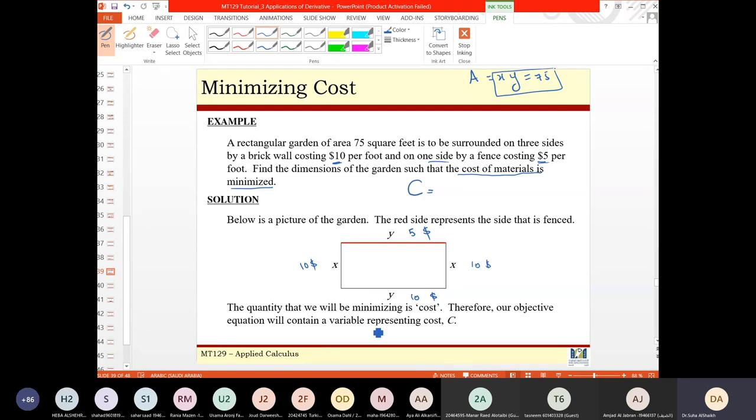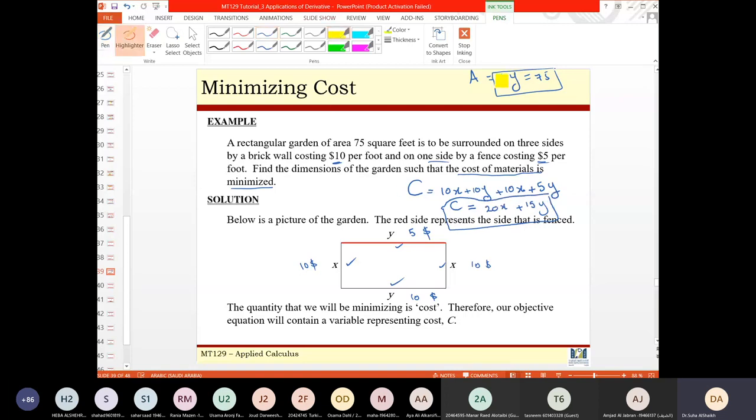Each foot costs $5. So if I'm talking about the cost of this side, for example, it is 10 times x. The cost of this is 10 times y. The cost of this is 10 times x, and the cost of this side is 5 times y. So if we combine the things here, we will get the cost function like 20x plus 15y.